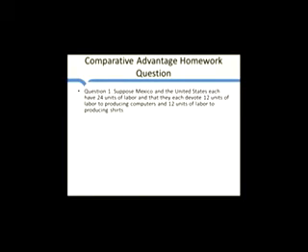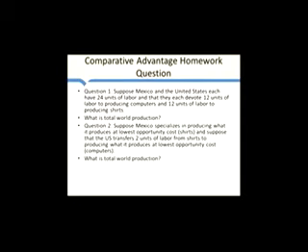That's question 1. Question 2, suppose that Mexico specializes in producing what it produces at lowest opportunity cost. We just saw that with shirts. And suppose that the U.S. transfers 2 units of labor from shirts to producing what it produces at lowest opportunity cost. That's computers. What then is total world production?